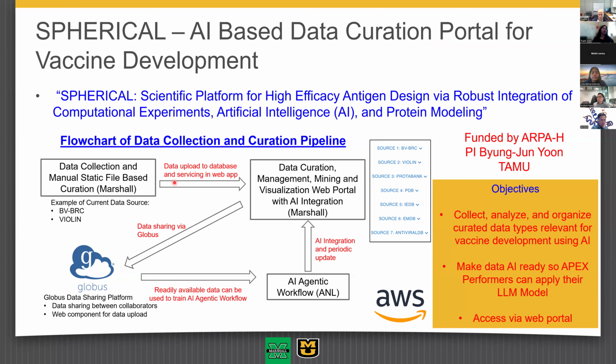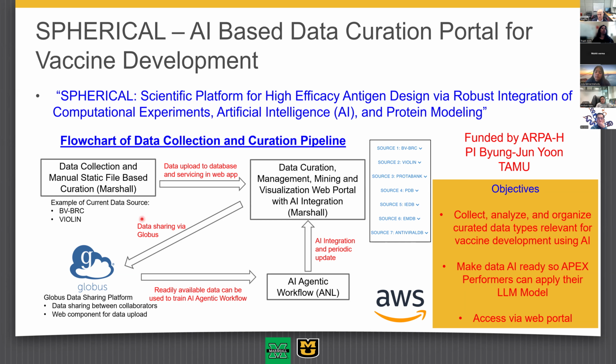The last one that we are currently working on is an AI-based data curation portal for vaccine development as part of our ARPA-H project. What it really does is take data from these virus data banks, protein structure and antigen sources, Protabank and antiviral DB.